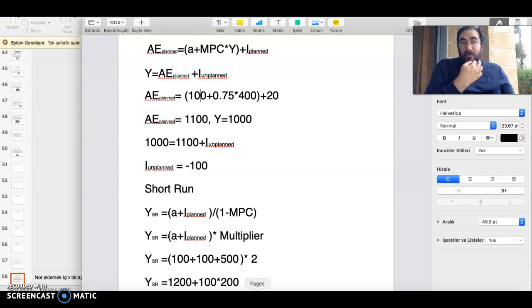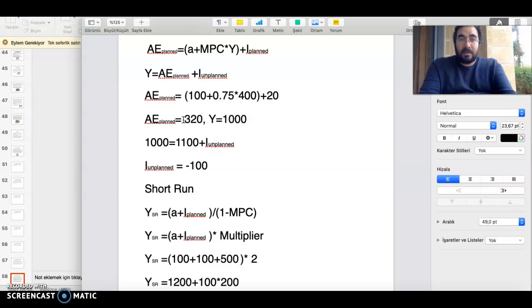So let's make the autonomous consumption spending as 100 and planned investment level as 20. If that's the case, this will be again 300. We should add 300 to 120. So planned aggregate expenditure will be 320.